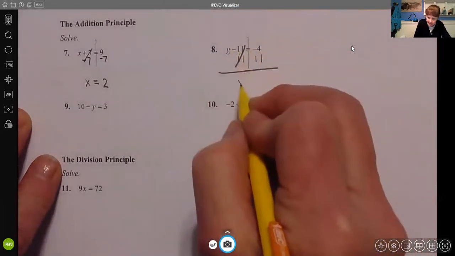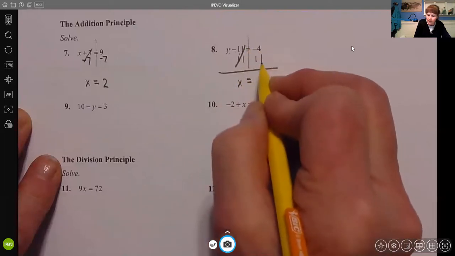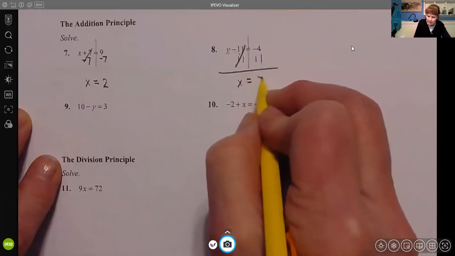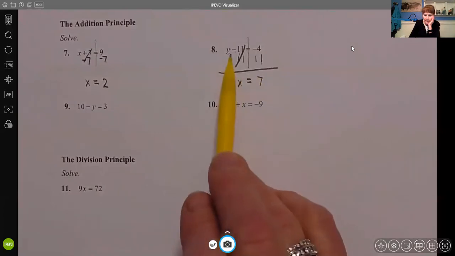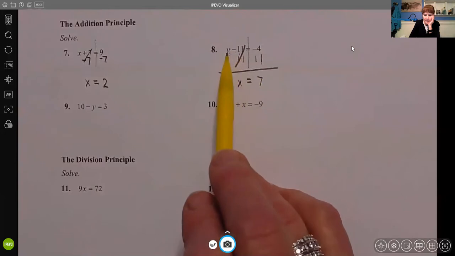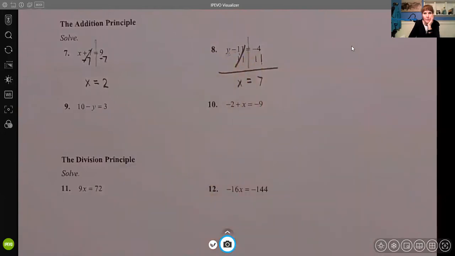So we have y equals -4 and a positive 11 is going to be a positive 7. If you take 7 and subtract 11, or a positive 7 and a negative 11, you'll get a -4. So it works.